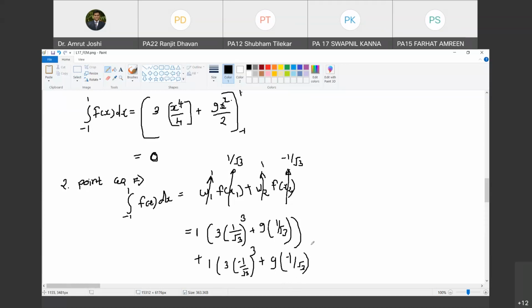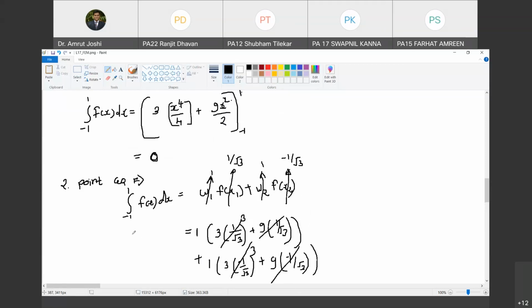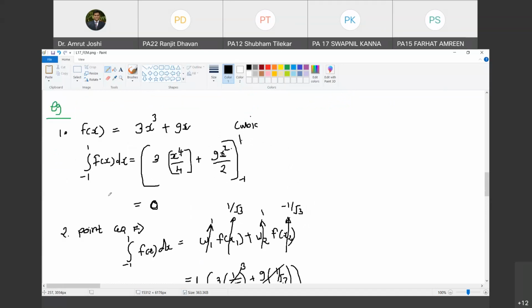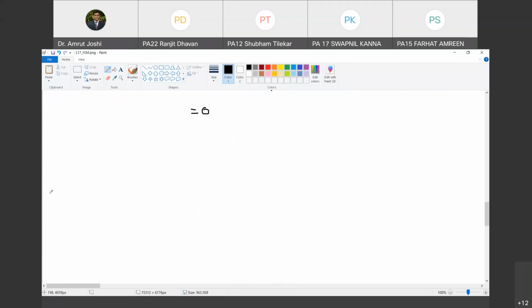Happy? Yes, sir. So you can see 9 into 1 by root 3 and -9 into 1 by root 3 are going to get cancelled. And 1 by root 3 cube and -1 by root 3 cube is nothing but minus of 1 by root 3 cube. So therefore these two terms are also going to get cancelled. Do you agree? Yes, sir. So this turns out to be 0. So therefore ये जो this cubic polynomial has been integrated exactly by 2-point Gauss quadrature. Happy? Yes, sir.